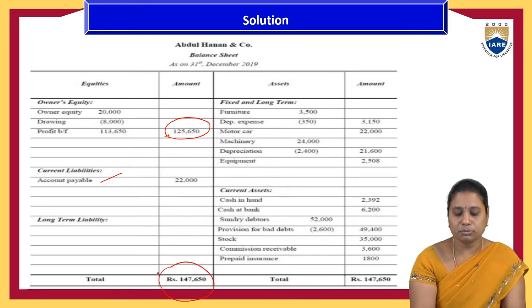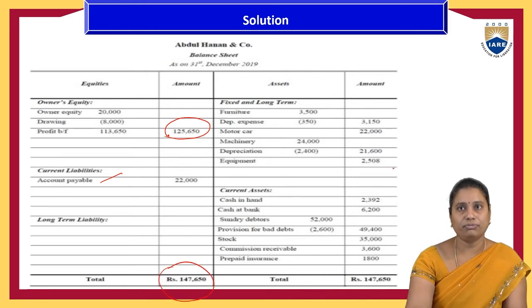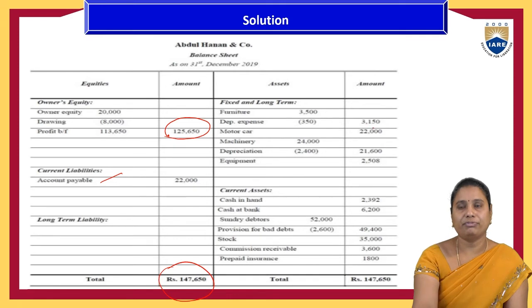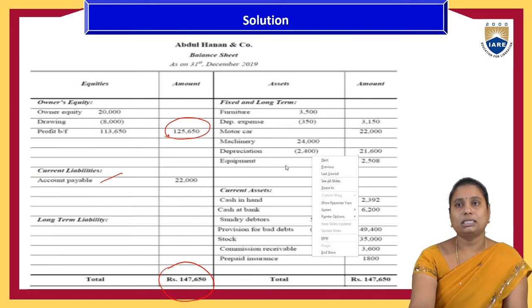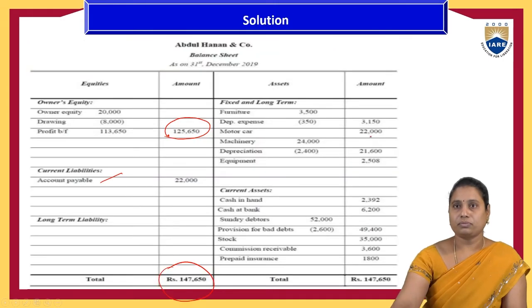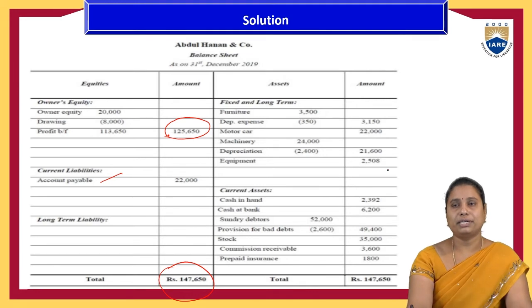The total liabilities position is 1,47,650, whereas the furniture is 3,500, but we need to less the depreciation, and the remaining is 3,150. Motor car 22,000, machinery 24,000, but if we less the 10% depreciation of 2,400, the total amount of that machinery is 21,600, and the equipment is 2,508 rupees.